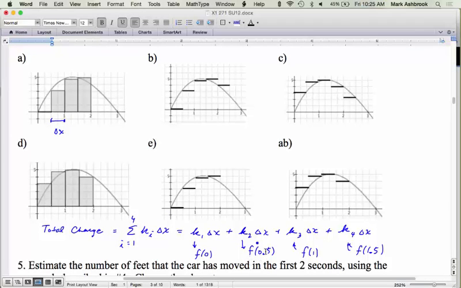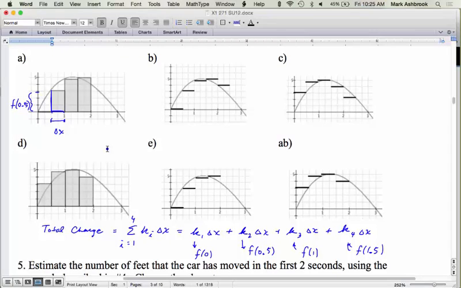And this is the second rectangle, so f of 0.5 is whatever this y value is right here. f of 0.5 is represented by this distance right here on the graph, right? This distance right here is that k2, or f of 0.5. It's like a 3. Okay? And then this distance, delta x, is this width right here.